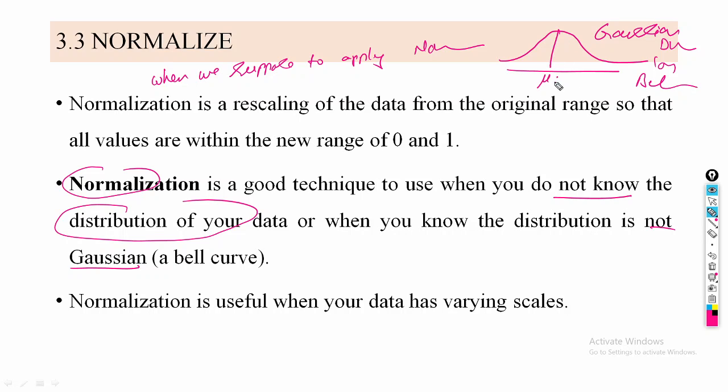Here mu, the mean value, is equal to 0. This is the first standard deviation, this is the second, this is the third. So the data will be distributed in the bell curve. When the data is not distributed as Gaussian, at that moment you are supposed to apply normalization.